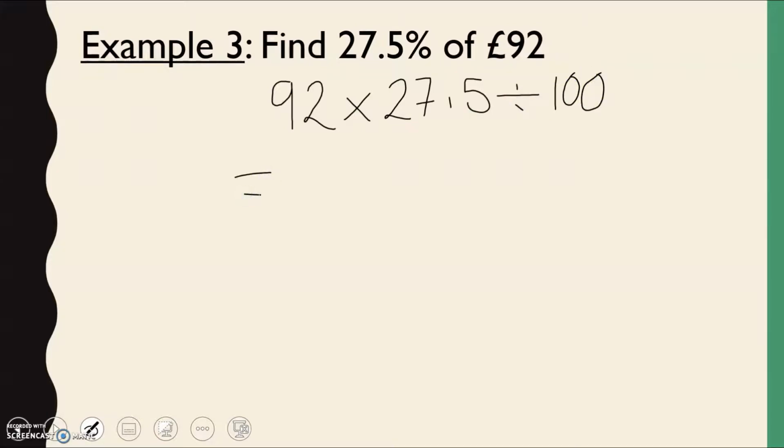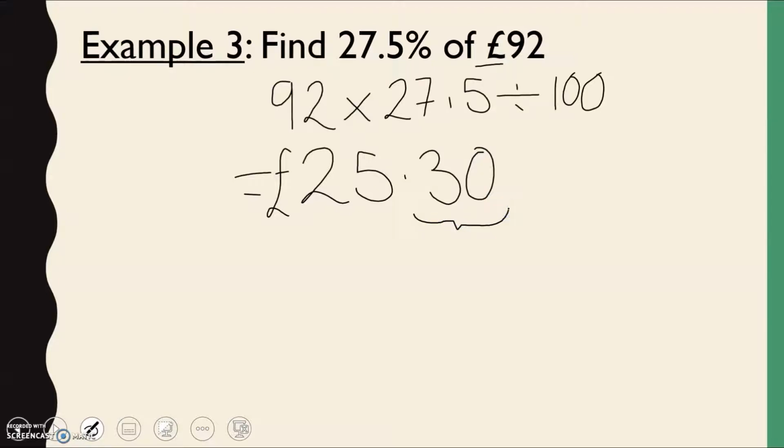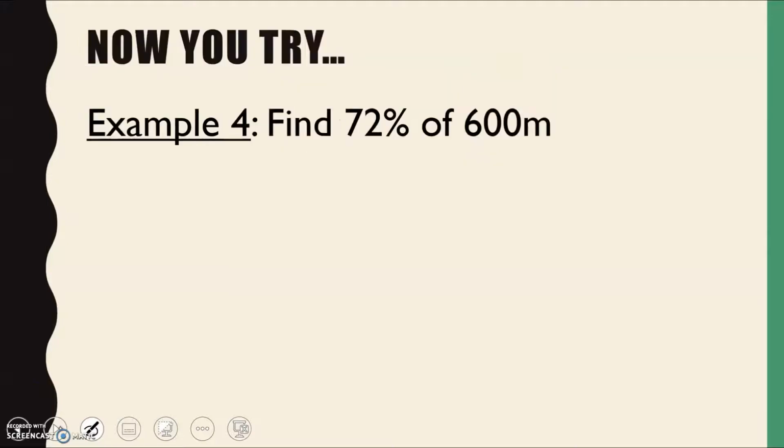Let's type that into the calculator then, and we should have 25.3 as our answer. It was pounds, so I need pounds at the start, but remember we don't talk about 25.3 pounds, it would be 30 pence, so I need to put that 0 at the end. Our money, if we've got a decimal place, should always have 2 numbers after the decimal point.